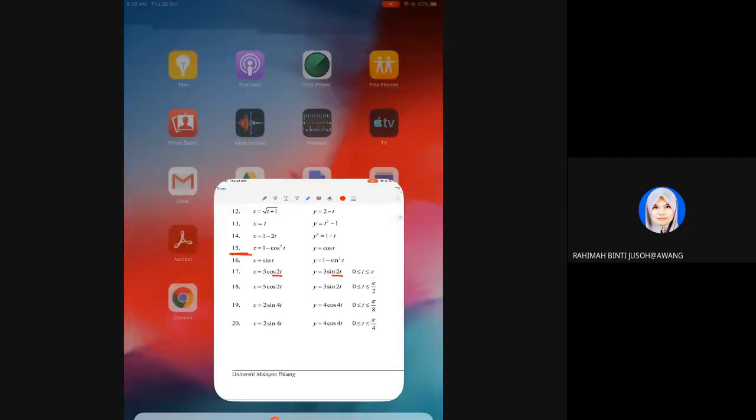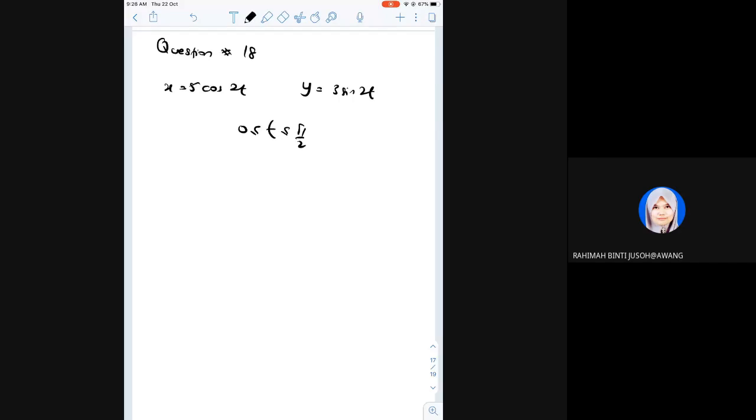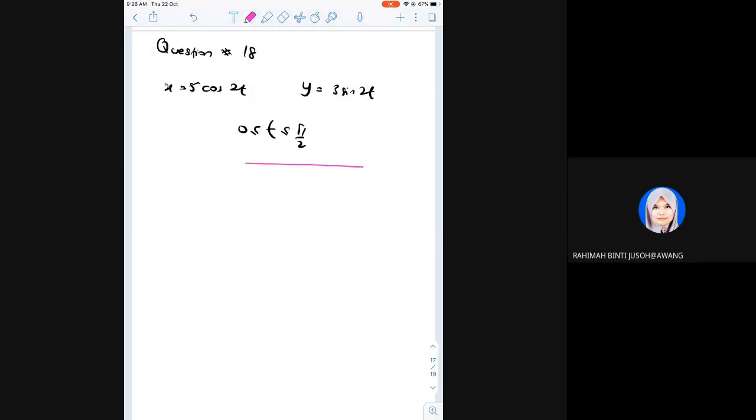Sampai pi over 2. Okay, good. Okay, now untuk soalan macam ni, it's better for you to plot by using table. Okay, kita tengok kenapa kena guna table.